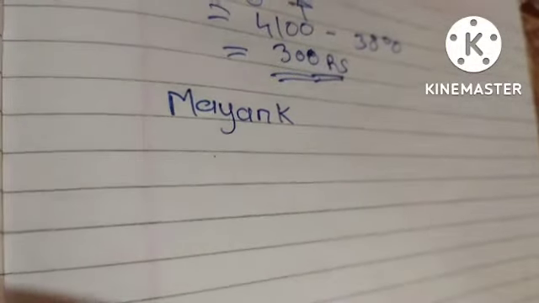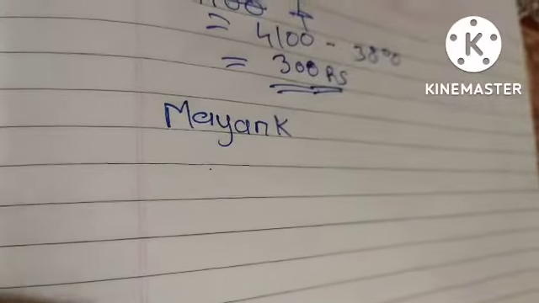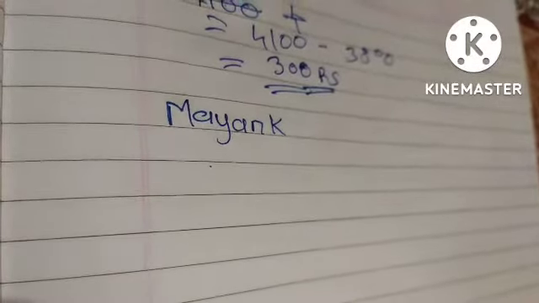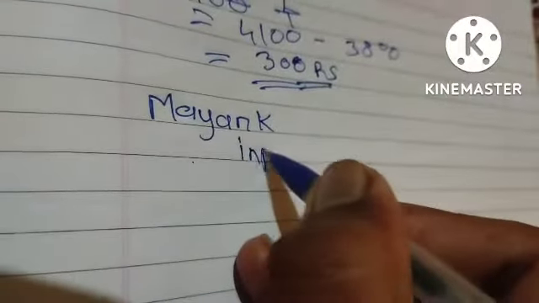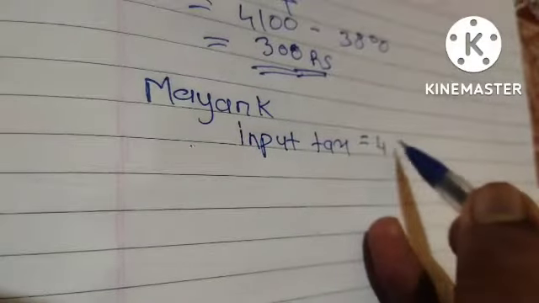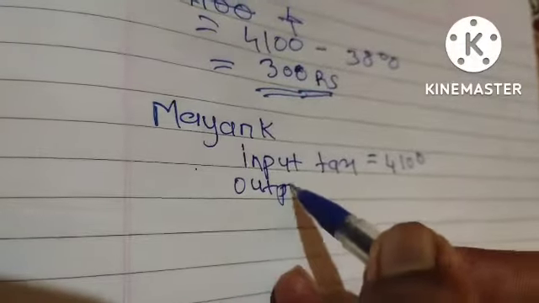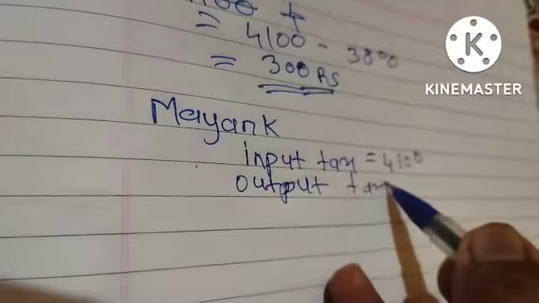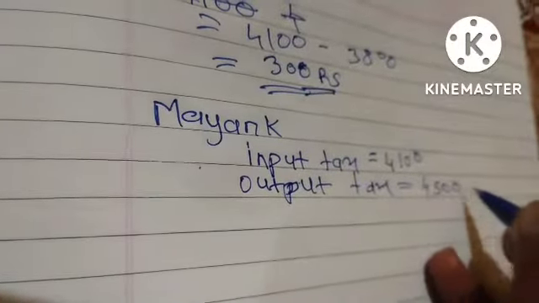It will be the input tax, and sold to Mayung Food Corner with GST of 4,500 rupees, so that will be the output tax. So input tax will be 4,100 rupees and output tax is equal to 4,500 rupees.